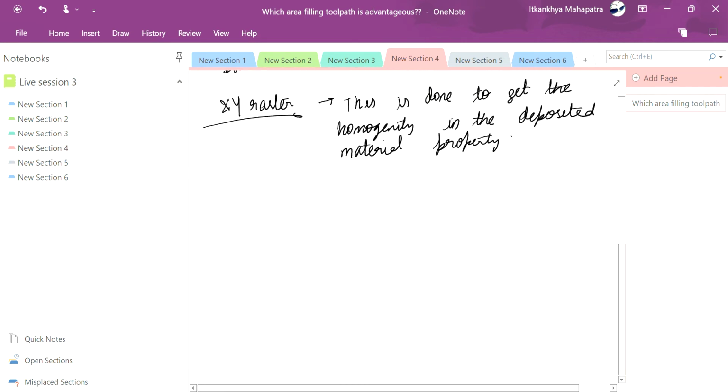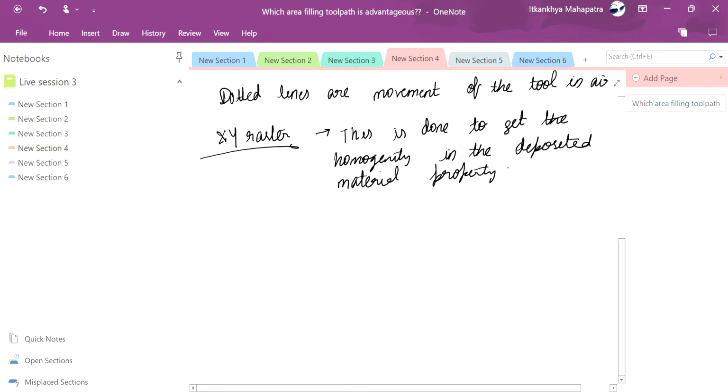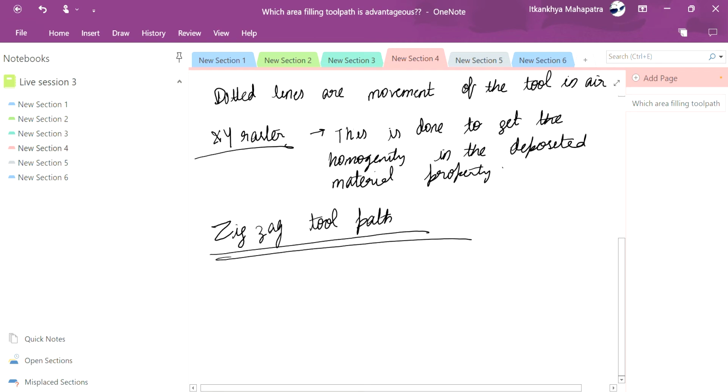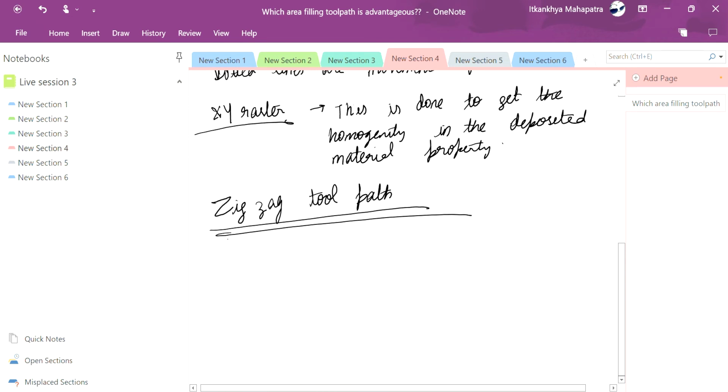Now next let's move on to the next scanning, which is the zigzag tool path. This is the most commonly used tool path in additive manufacturing.